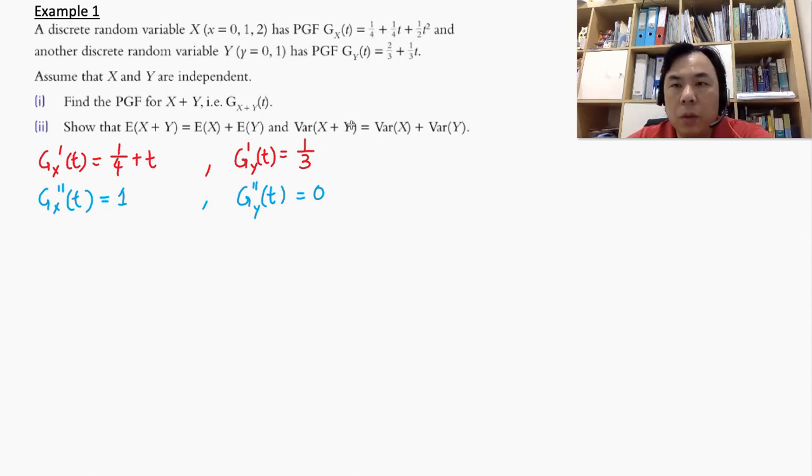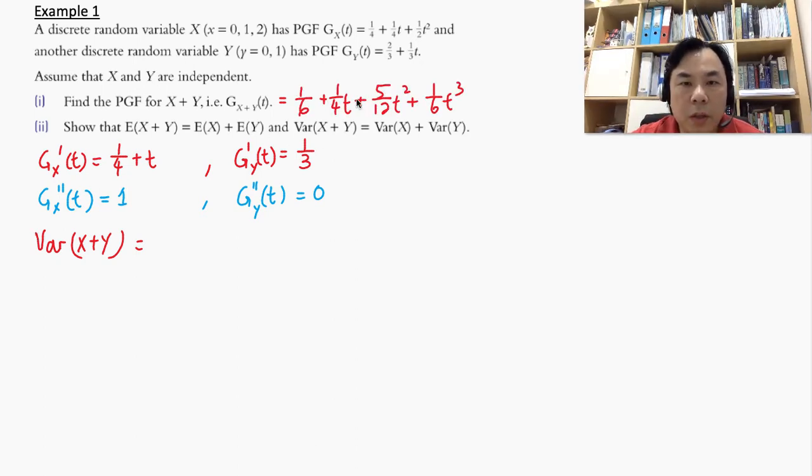Now we're going to work out the variance. For the variance of X plus Y, that must be the same as, okay, now I've forgotten to write down the result for this. What was the result? Let me see. Okay, hold on. Let me try to recall.